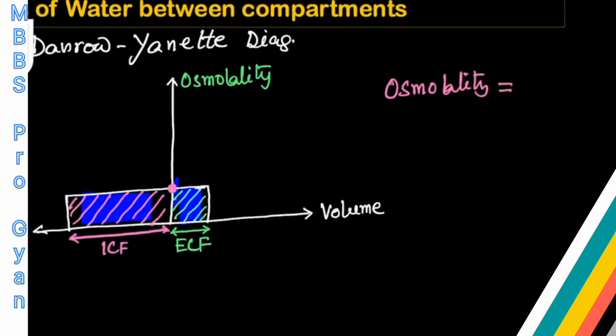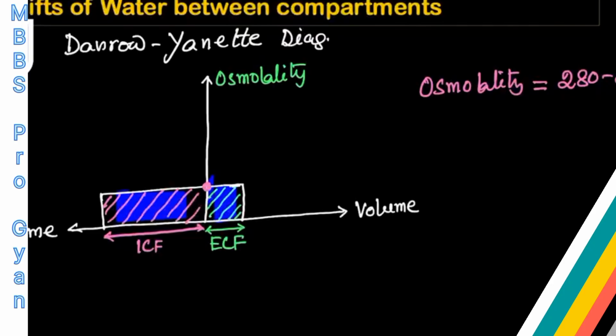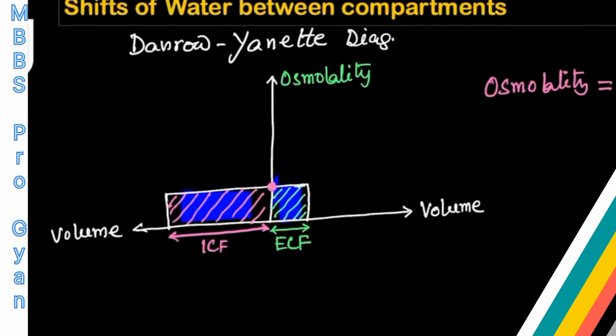We all know that the normal osmolality of our plasma or of our cell fluid is 280 to 290 milliosmol per liter, or per kg. So in steady state condition, the ECF osmolality is the same as the ICF osmolality, and that is 280 to 290 milliosmol per liter.